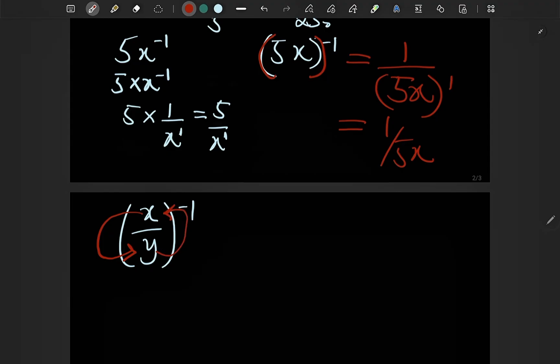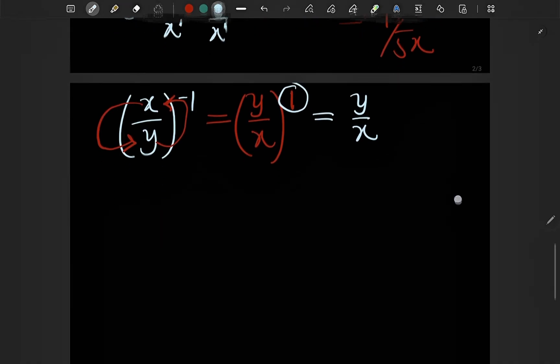Whenever this interchange happens, your reciprocal sign is gone. Therefore, this means that x over y raised to power minus 1 is the same thing as y over x all raised to power 1. So if you notice what just happened here, there's an interchange. And after the interchange, the negative sign here is gone. This is now equal to y over x.